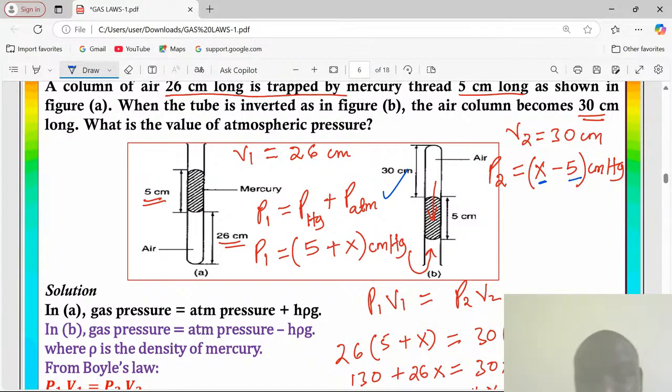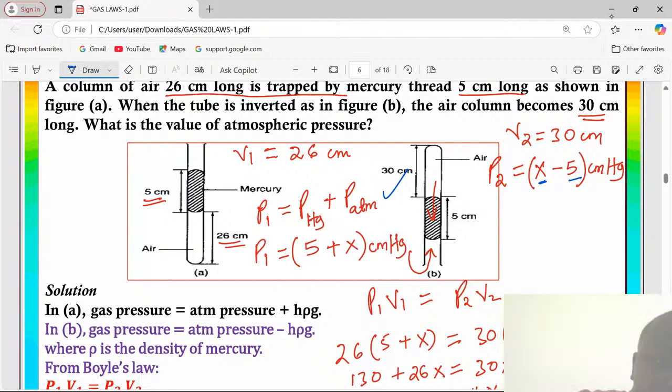Remember, you can be asked a simple question, give a reason why the mercury thread, though the tube is inverted, did not pour out. This is because the pressure exerted by the atmosphere overcomes the pressure due to the mercury thread.